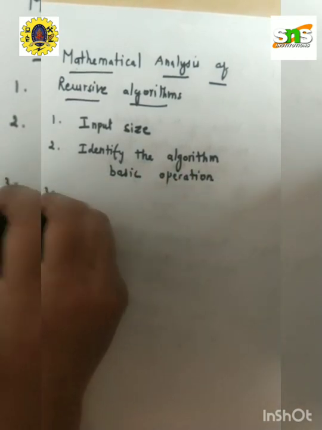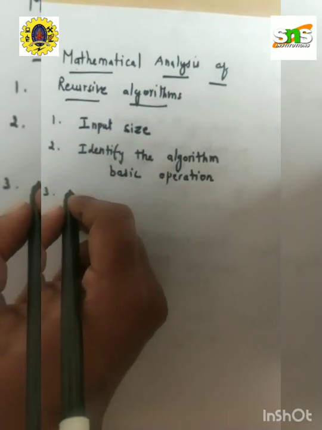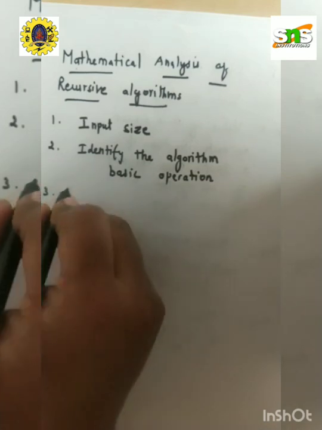Third one, so these two steps are the same. The next step is also the same: check the number of times the basic operation is executed.